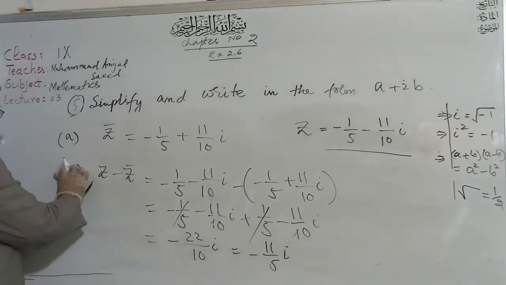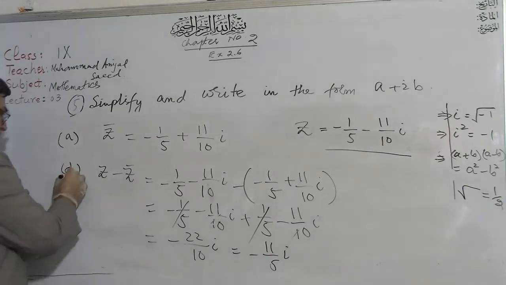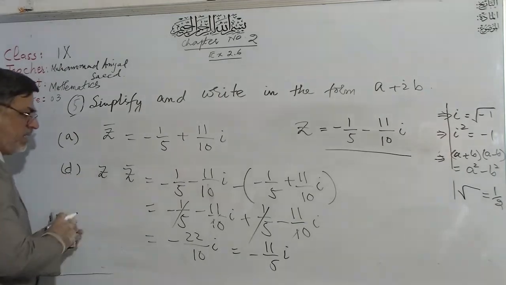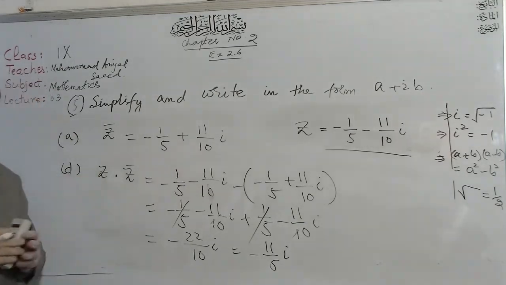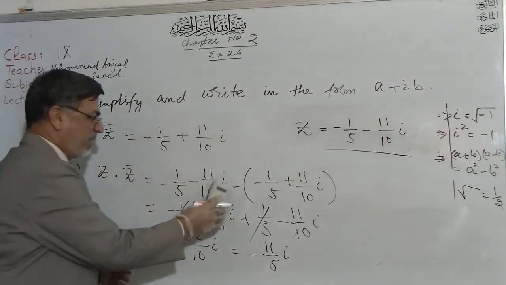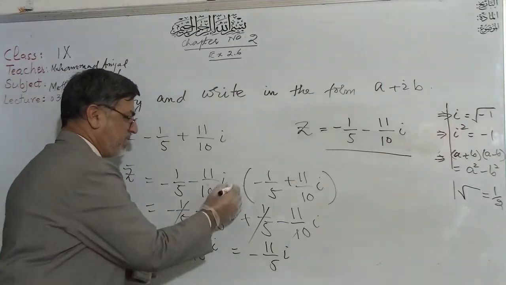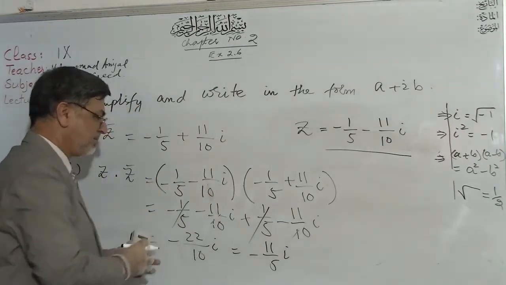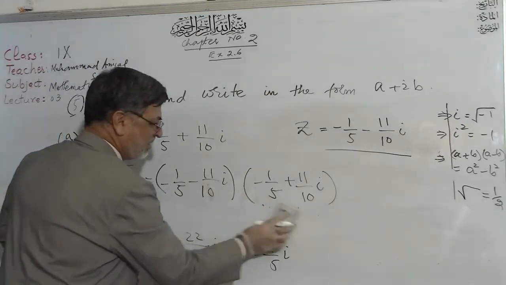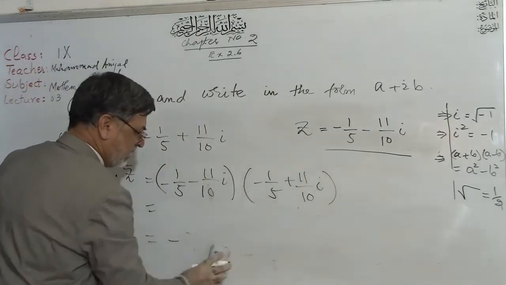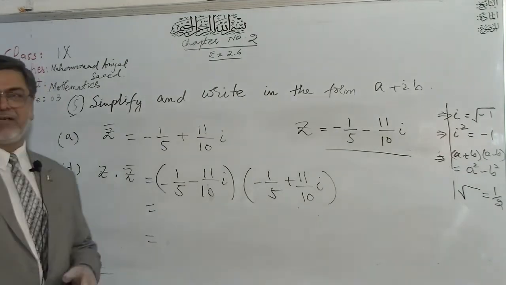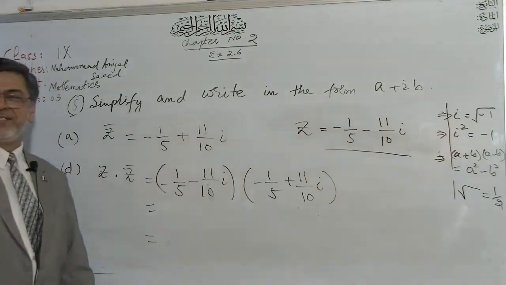Now in part number D, Z multiplied by Z bar. Here we will apply the multiplication sign. Actually, I have the provision to write down and rub it, but you cannot.